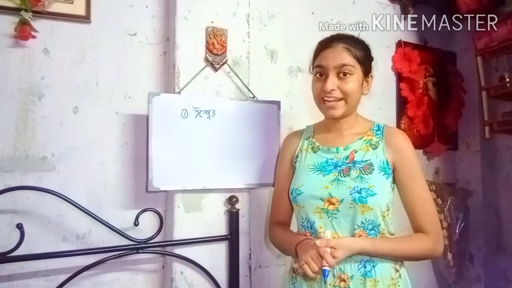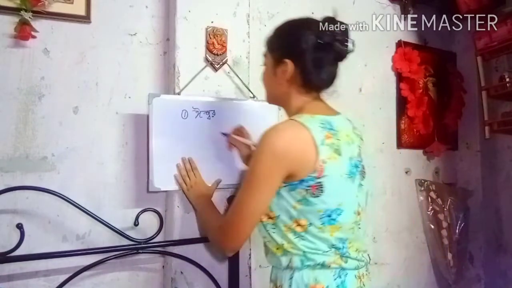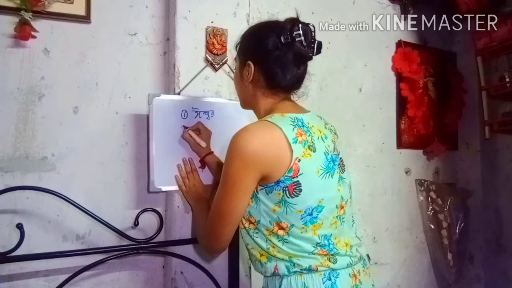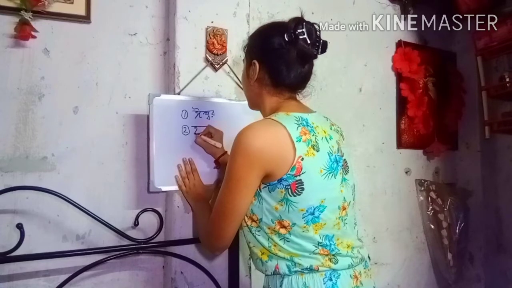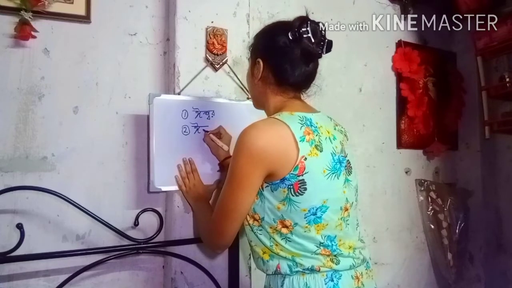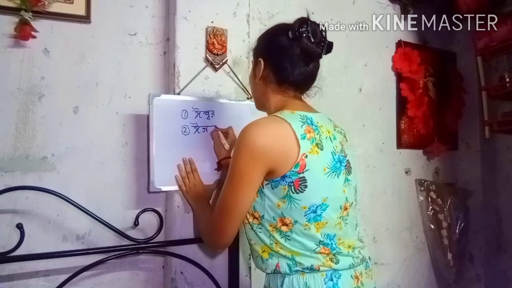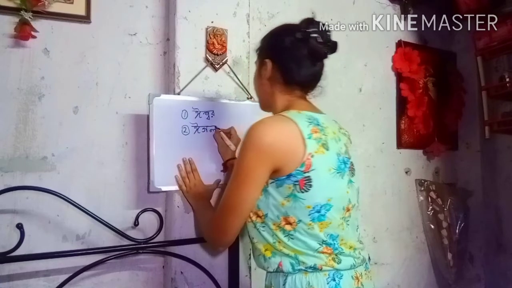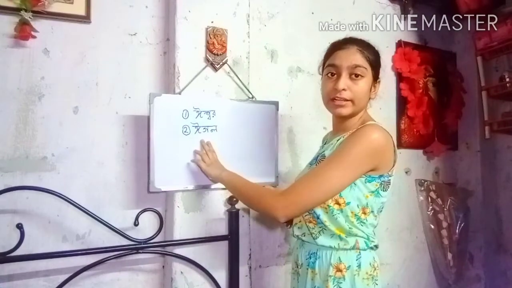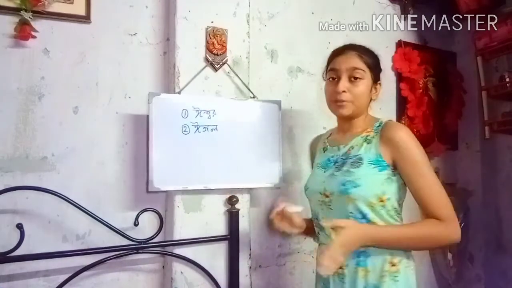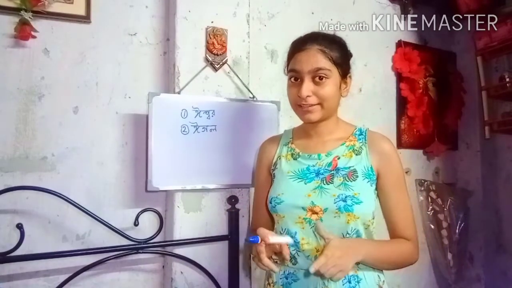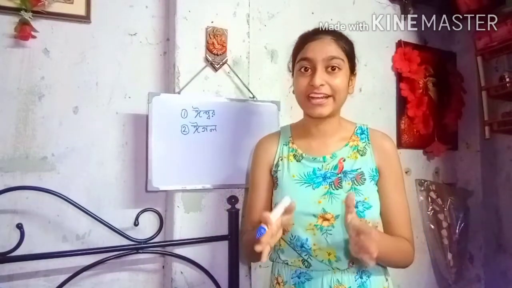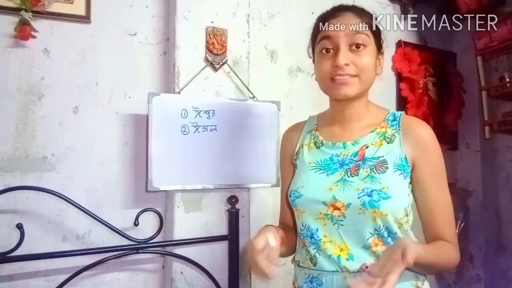Now the second example of Dirghoi is Eagle. So guess what it means. It is related to something like, yes, you are right. It's eagle. So eagle means eagle. It's a loan word.